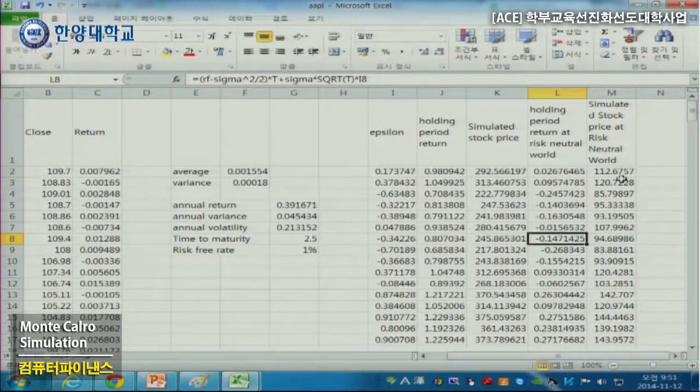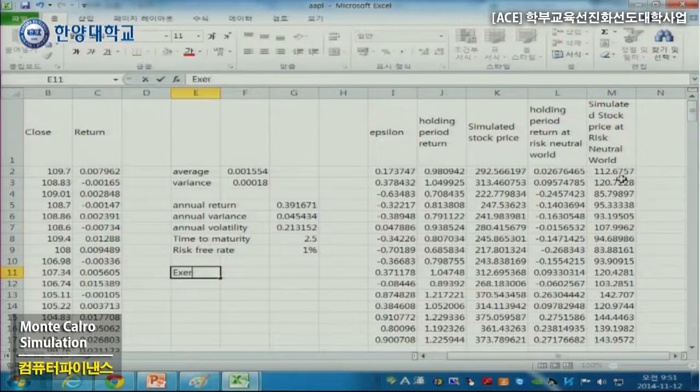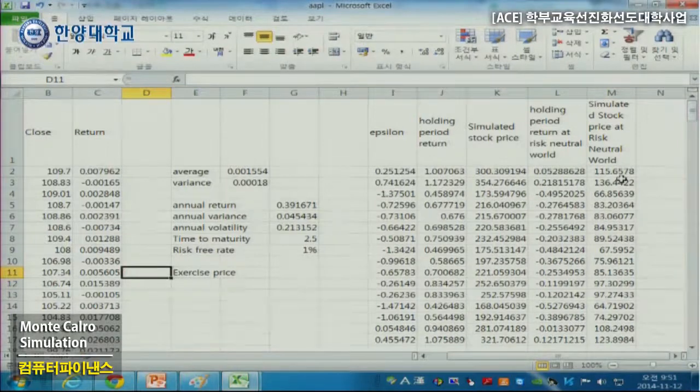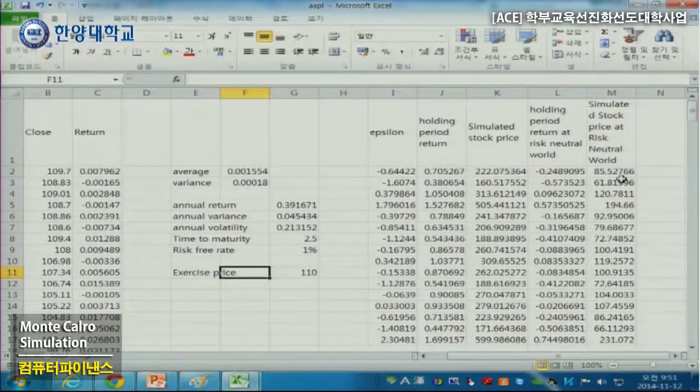Then, if we are interested in derivative pricing, then we are fine. Okay, let's calculate the derivative price. Suppose let's think of the put option. Let's say the exercise price is 110.